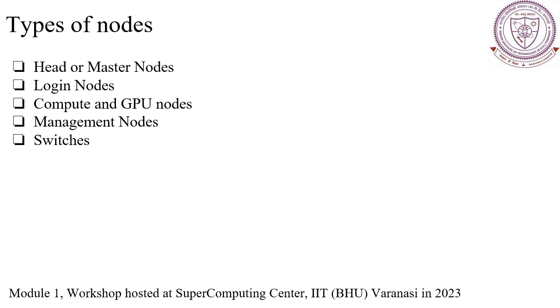Management nodes are used to manage the HPC cluster hardware and software. They typically run monitoring software and other tools for managing the cluster. Switches are used to connect the different nodes in the HPC cluster. They allow the nodes to communicate with each other and to access the HPC cluster storage system.